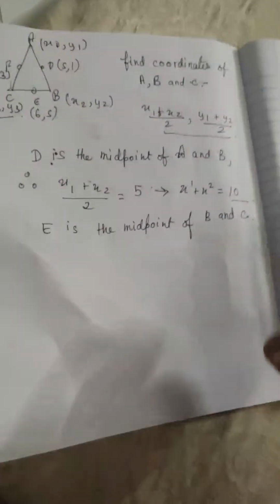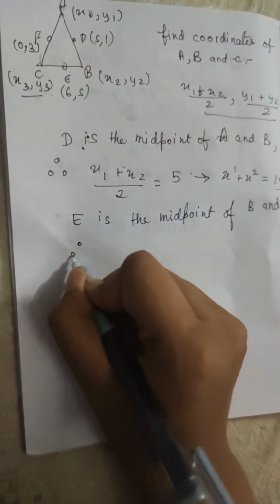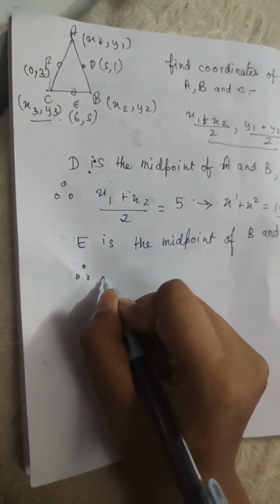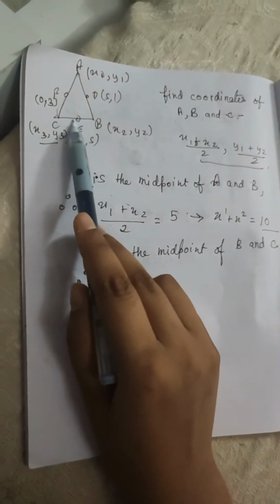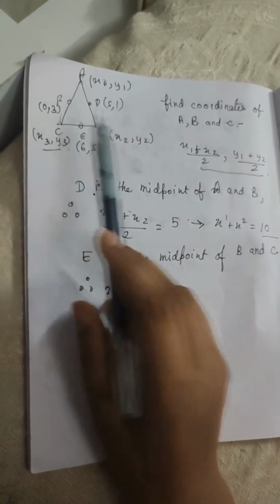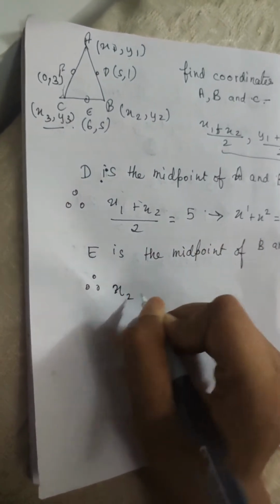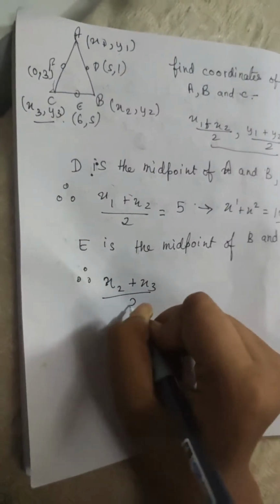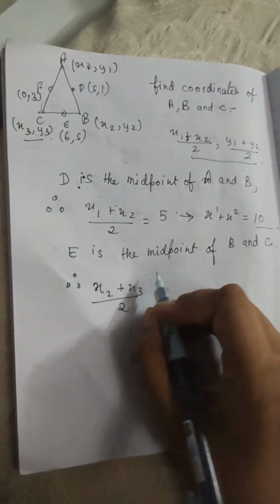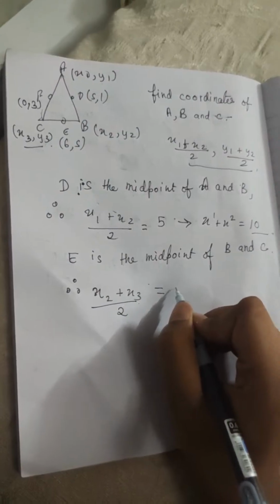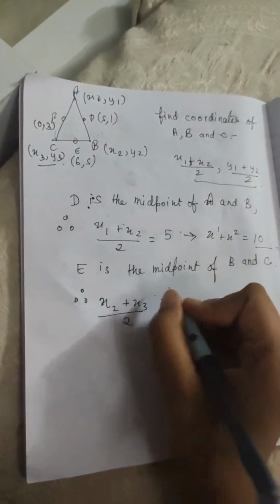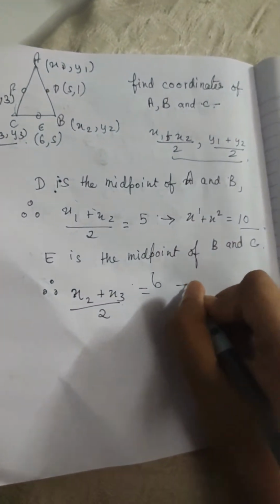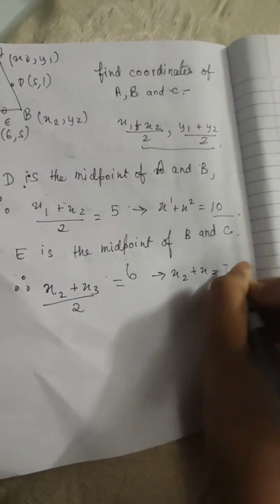So E is the midpoint of B and C. So what we'll do, therefore, we'll do x2 plus x3 upon 2, which will be equal to 6. 6 2s are 12. So x2 plus x3 is equal to 12.